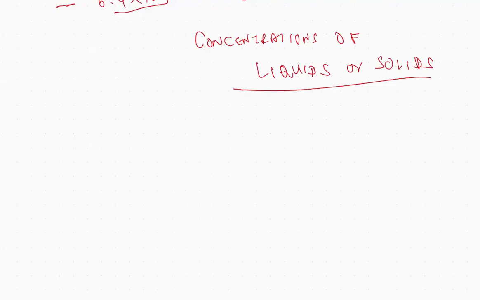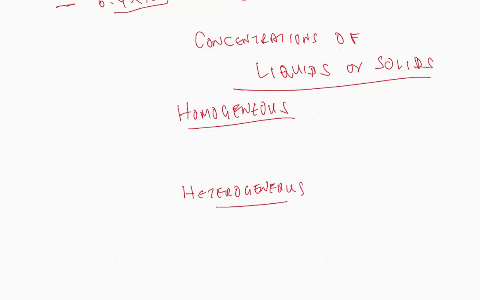There are 2 types of equilibria, right? You can say homogeneous or heterogeneous. Homogeneous means all the reactants and products are in the same phase: all solids, all liquids, all gases, that's what it means.